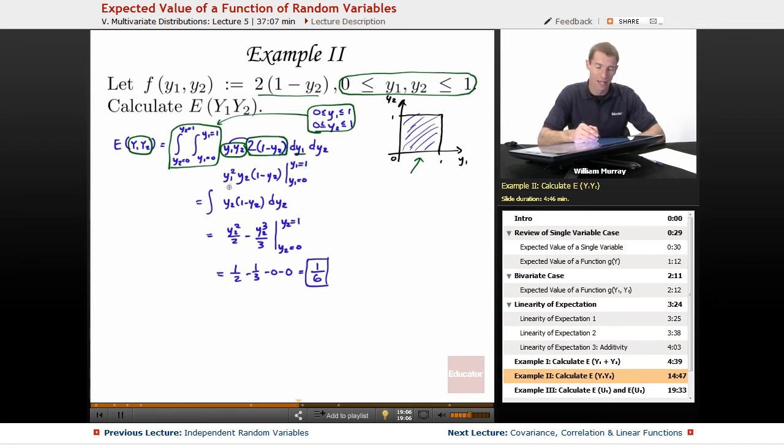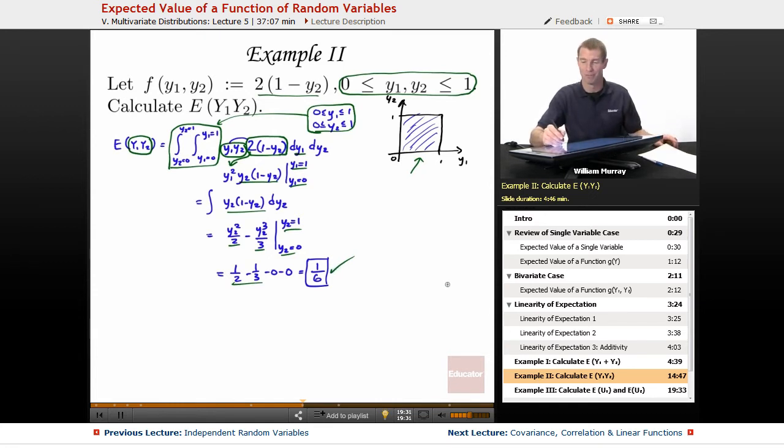So that's why all the y2's were just constants, and I integrated 2y1 to get y1 squared. Dropped in my values for y1, and it simplified down to something in terms of y2. So I integrated that with respect to y2, dropped in my values for y2, and got a number that represents the expected value of y1 times y2.